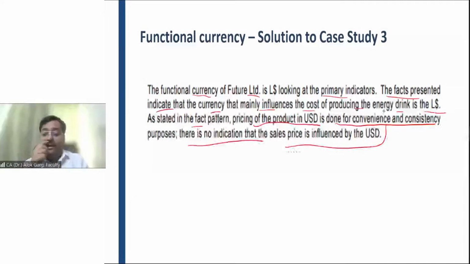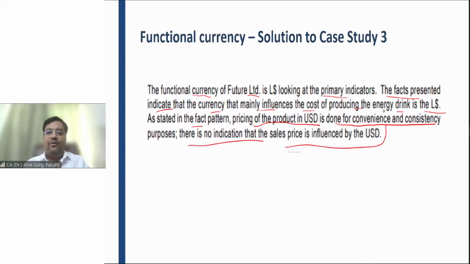But if in the question it is written that the sales is into the US, but it is influenced by the Indian market, in that case your answer would be different. And remember that Spider-Man and Batman example. The entire sale was in Japanese yen, but it is influenced by the Indian market. Is that clear, guys? Yeah.